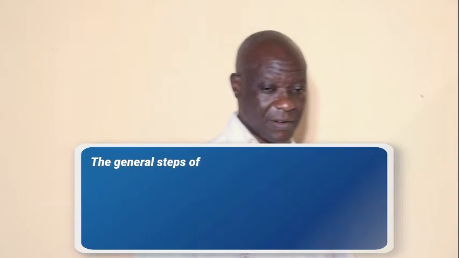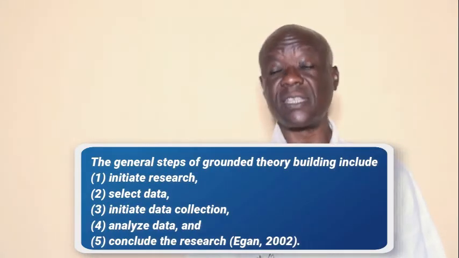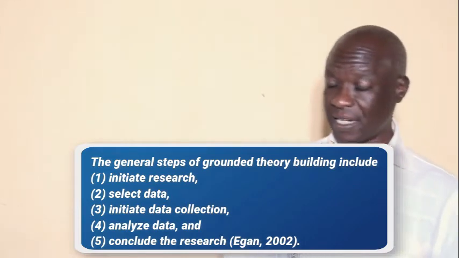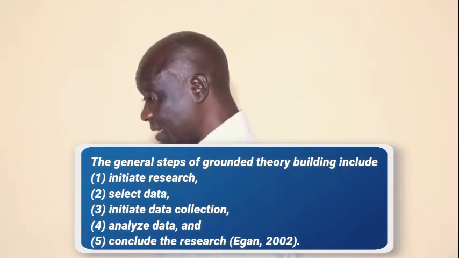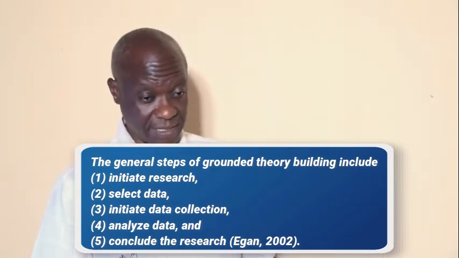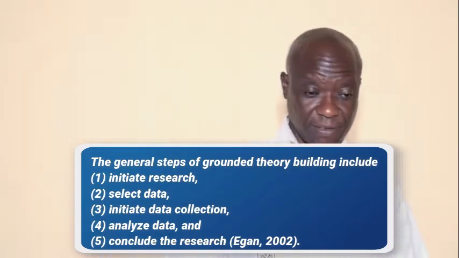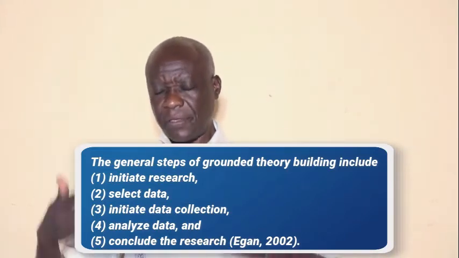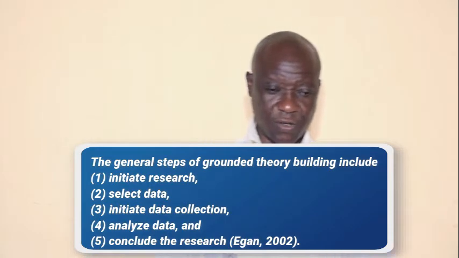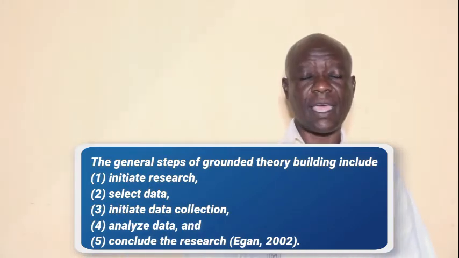Right, when we talk about grounded theory, the general steps of grounded theory building include, ladies and gentlemen, initial research, as you can see, select the data, initiate data collection, analyze the data, and conclude the results, right? And on the surface, this process is quite linear, yet a core feature of grounded theory is that all things are integrated at all times in the search of pattern, always integrating these particular aspects.